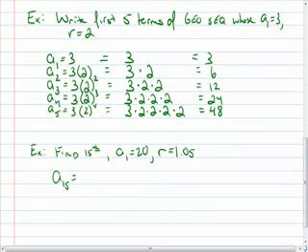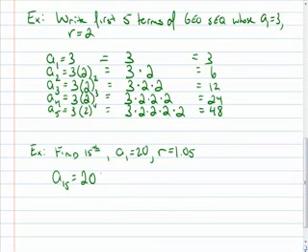The 15th term is equal to the first term times the common ratio to the 15 minus 1 power. About 39.6.